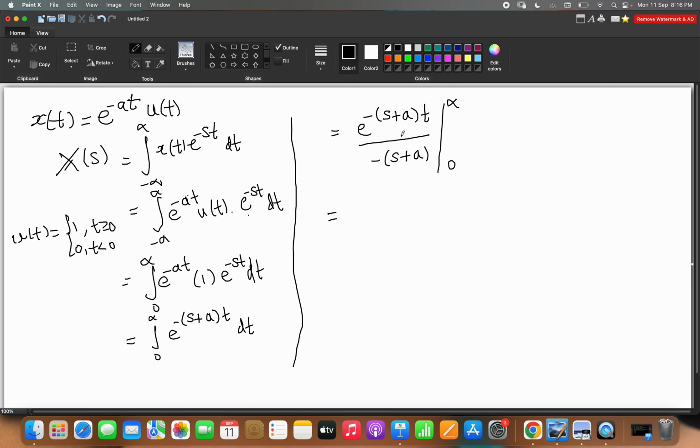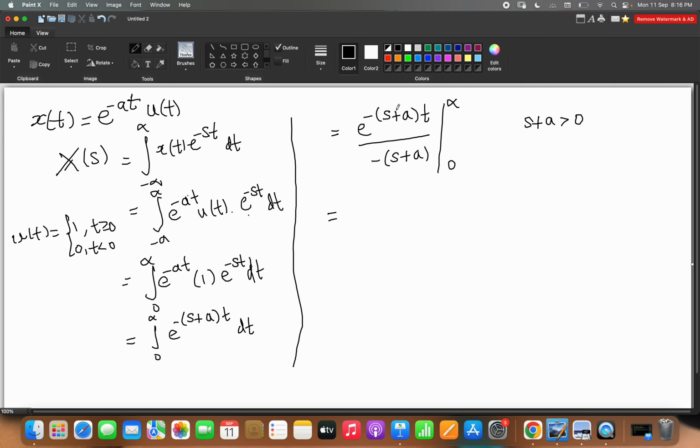So we need to consider the value of s. In this case we will get a finite value if the term within the bracket is positive. That is, if s plus a is greater than 0, then only this term is positive and the product of this term and t will be positive. And if you substitute infinity for t, then you will get a finite value for this exponential term.